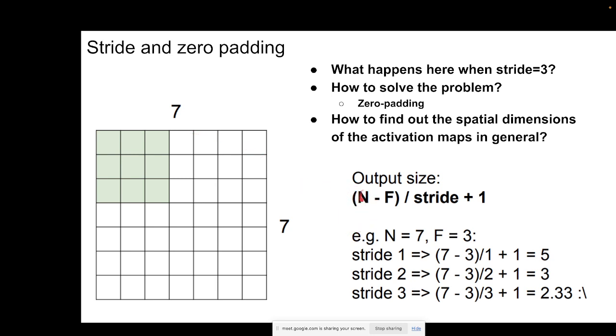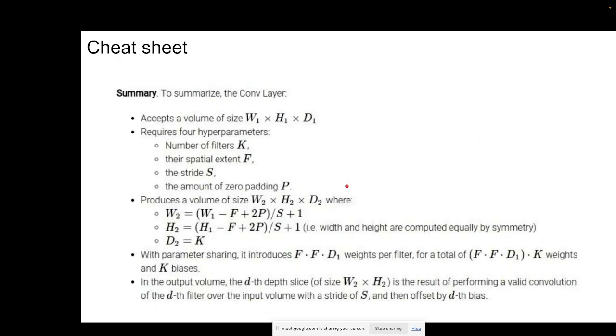Your input size n was initially 7, you add the 2, so it becomes 7 plus 2p, where p equals 1, that becomes 9. 9 minus 3 is 6, 6 by 3, we faced trouble when the stride was 3, 6 by 3 is 2, 2 plus 1 is 3, so this becomes an integer then, right? And 3 cross 3 is the final output size with that padding value. So the amount of padding that you want is given by this p variable.